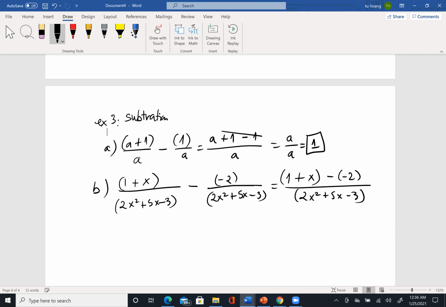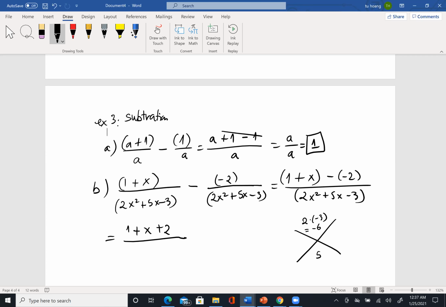Right? So after substitution, you will have 1 plus x and then plus 2 at the top. Now what's the bottom? You have a times c equal to 2 times negative 3, which is negative 6, and b, which is 5.